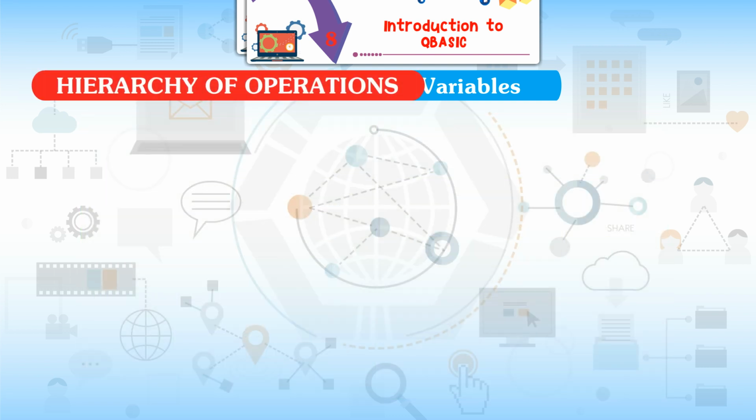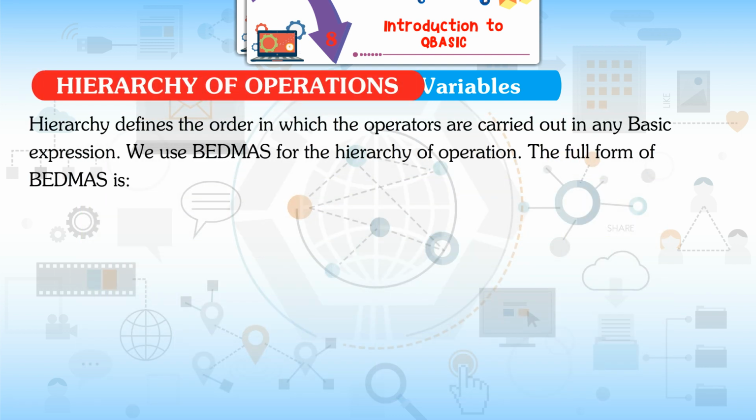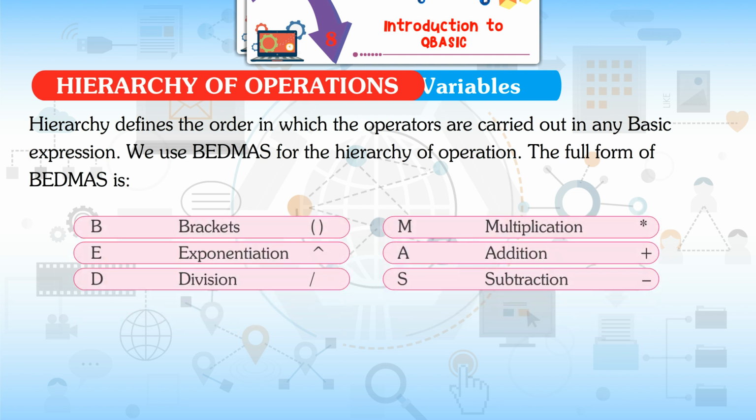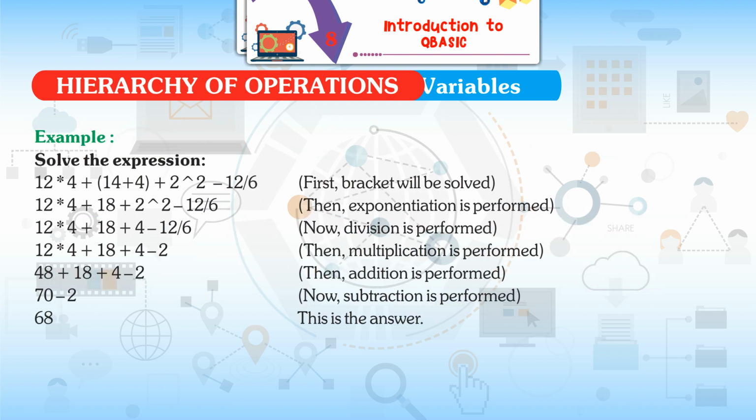Hierarchy of operations. Hierarchy defines the order in which the operators are carried out in any BASIC expression. We use BEDMAS for the hierarchy of operations. The full form of BEDMAS is B brackets, E exponentiation, D division, M multiplication, A addition, S subtraction.